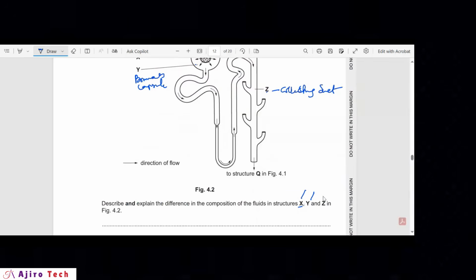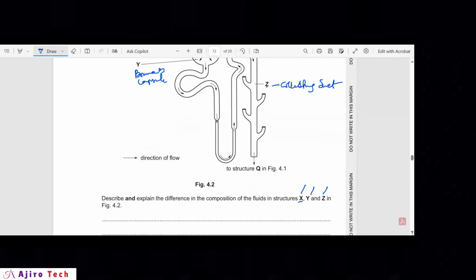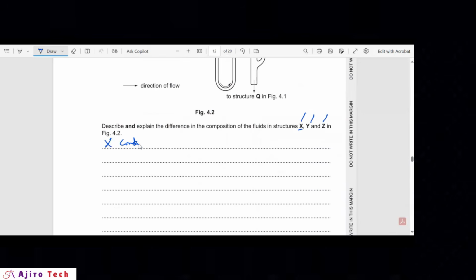Describe and explain the difference in the composition of the fluid in glomerulus, Bowman's capsule, and collecting duct. So X, which is the glomerulus capillaries, contains blood rich in waste product like urea, excess water.